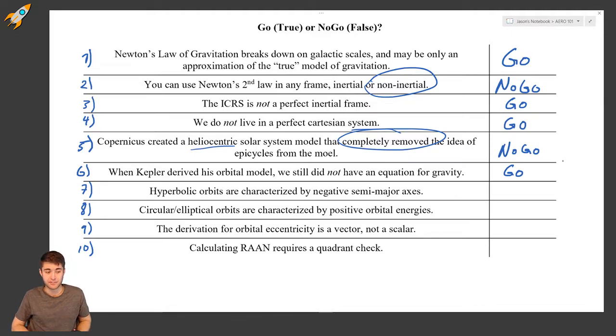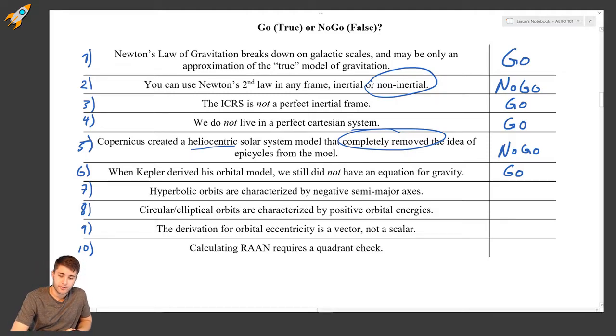He did it all by just using geometry. And you can go back and use Newton's gravitational law to derive those equations, which is really, really cool. It's another proof to make sure that they're absolutely correct.